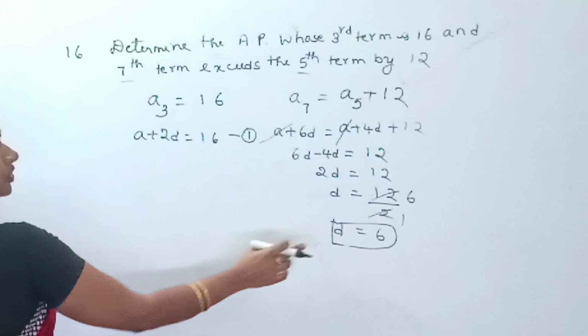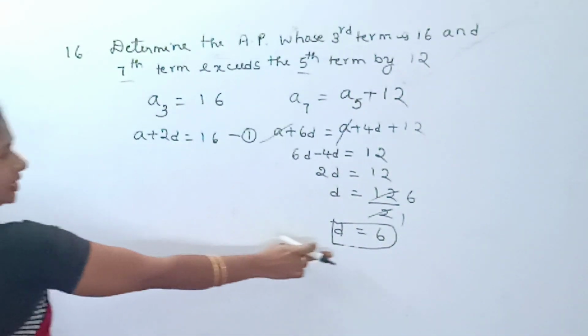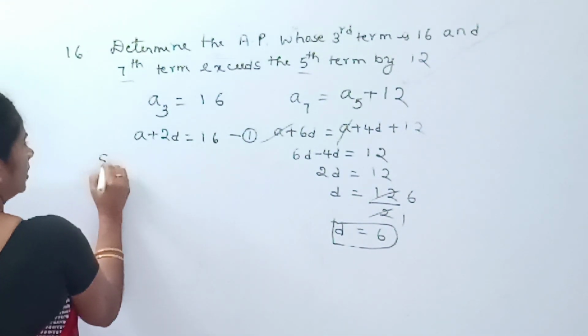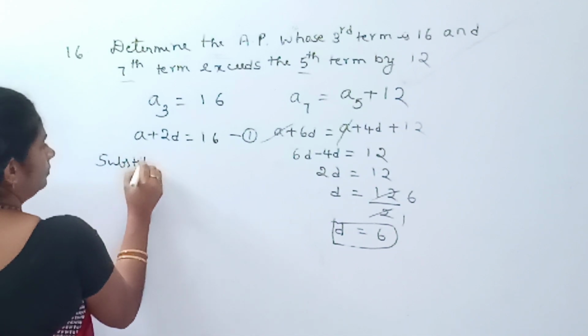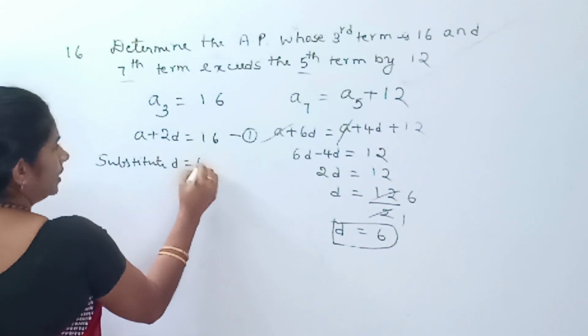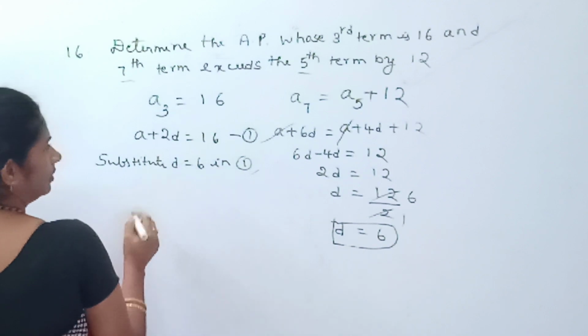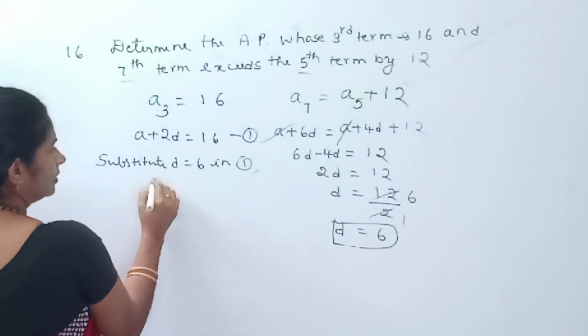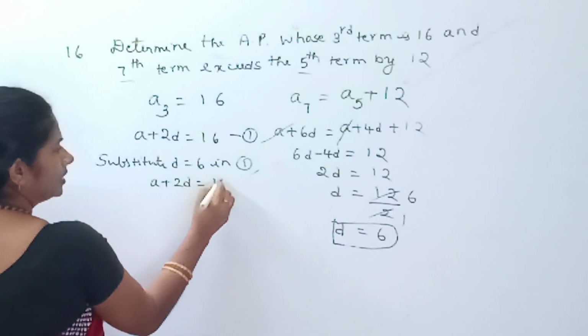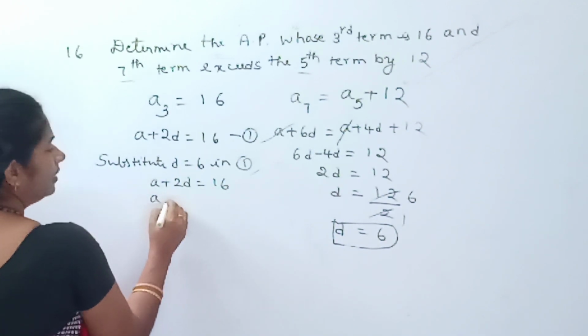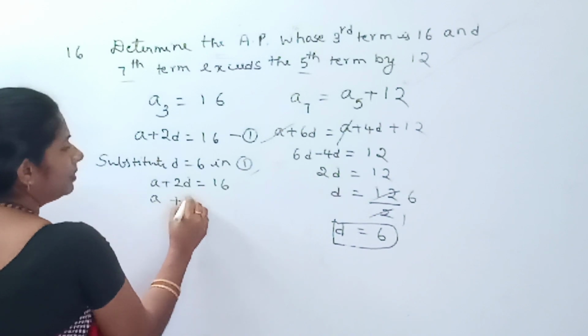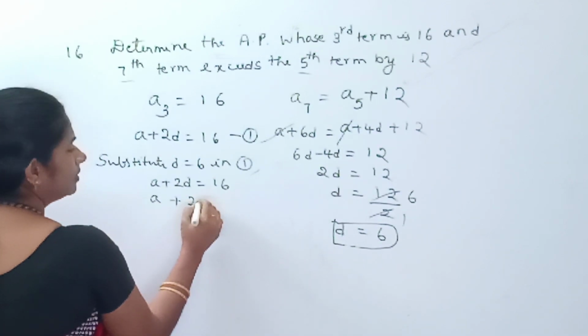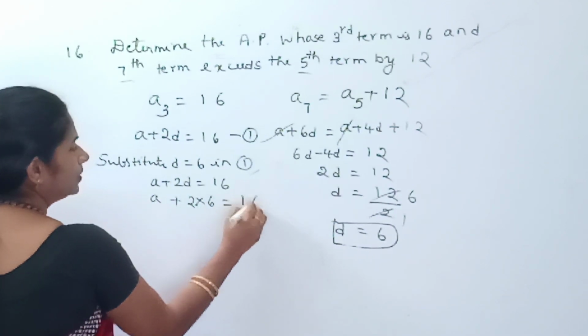Now let us substitute D equal to 6 in equation 1. So what is the equation, children? A plus 2D equal to 16 is the equation 1. So A value write as it is, plus 2, D value is into 6 equal to 16.